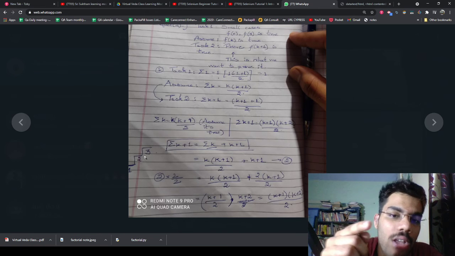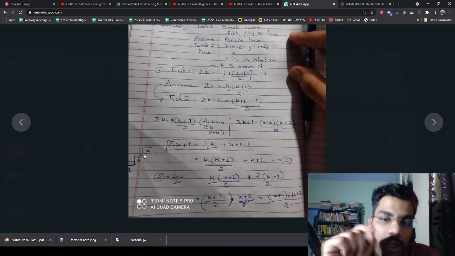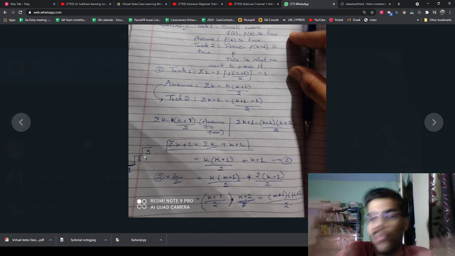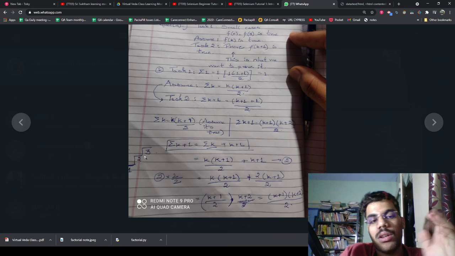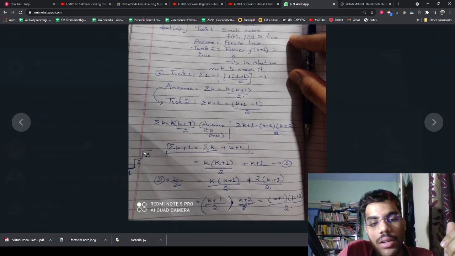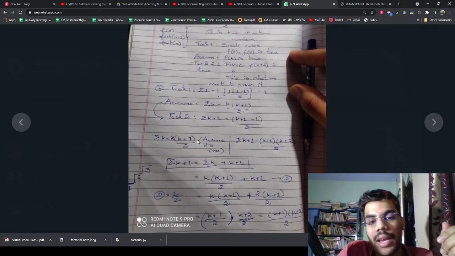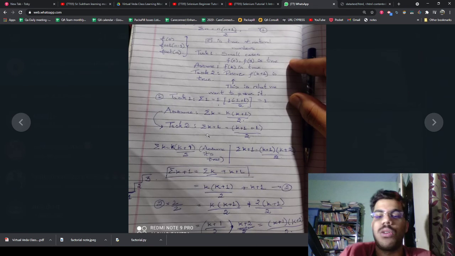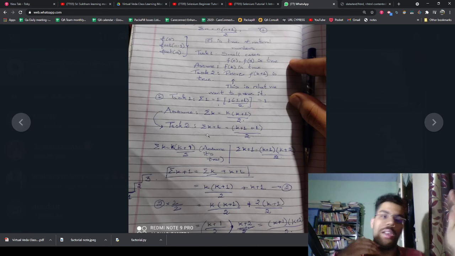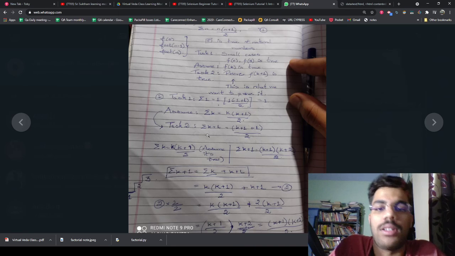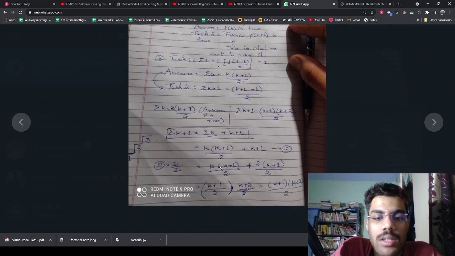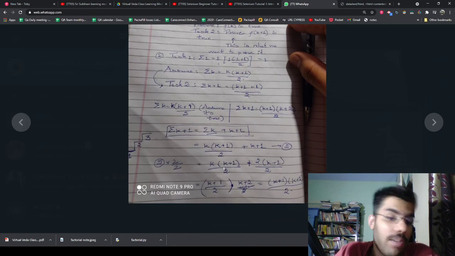Using that assumption of summation of k, we can find the summation of k plus 1 only. So we can find 2, 3, then 4, 5, 6, 7, 8. It goes on up to n number of times. This is the basic mathematics behind the recursion.